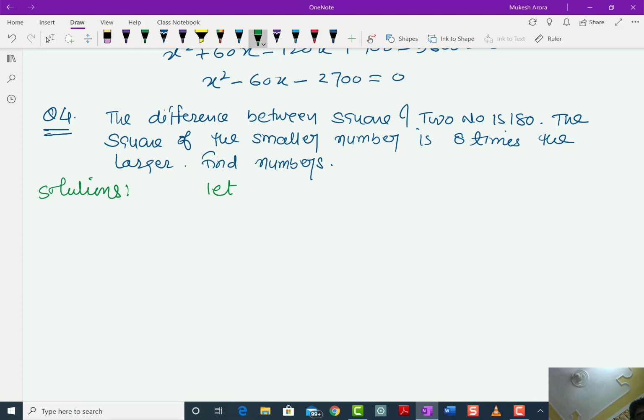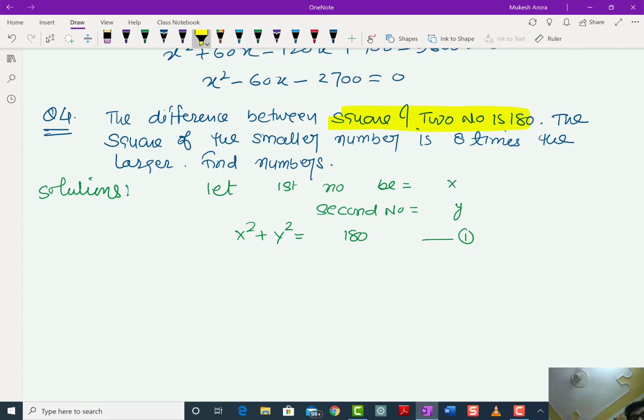Let the first number be x, second number be y. So x square minus y square is equal to 180. The larger is x, and the smaller is y.